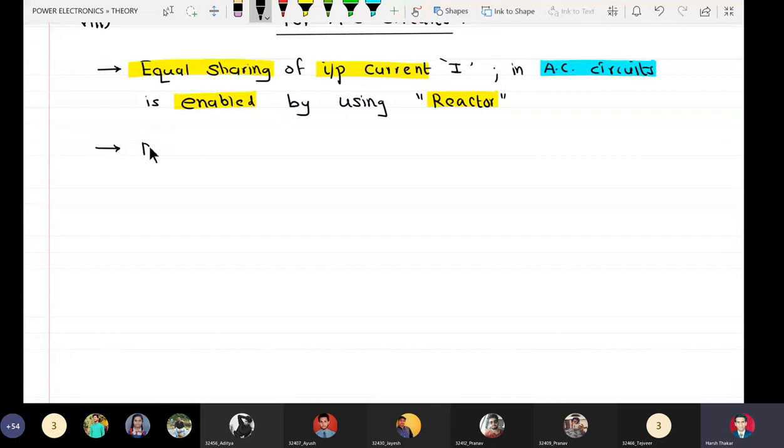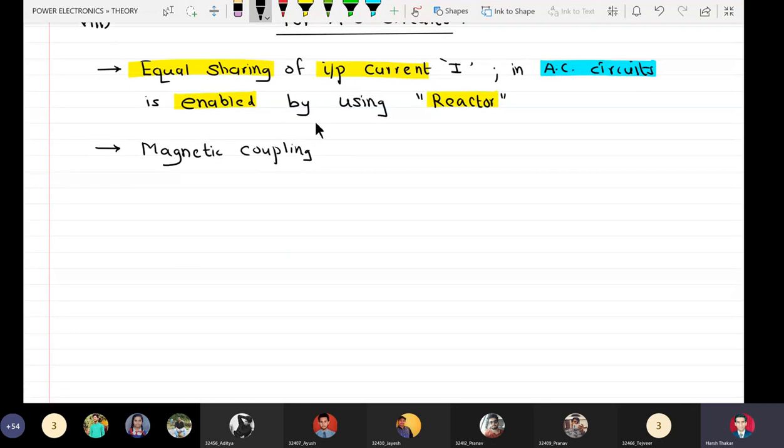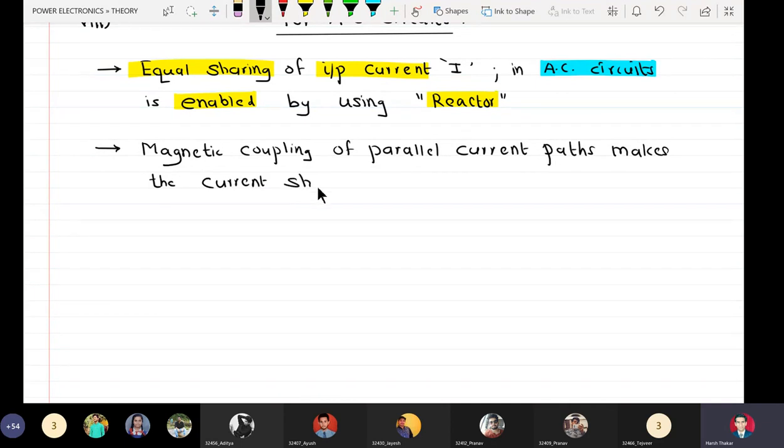Magnetic coupling of parallel current paths makes the current sharing more uniform, equal.